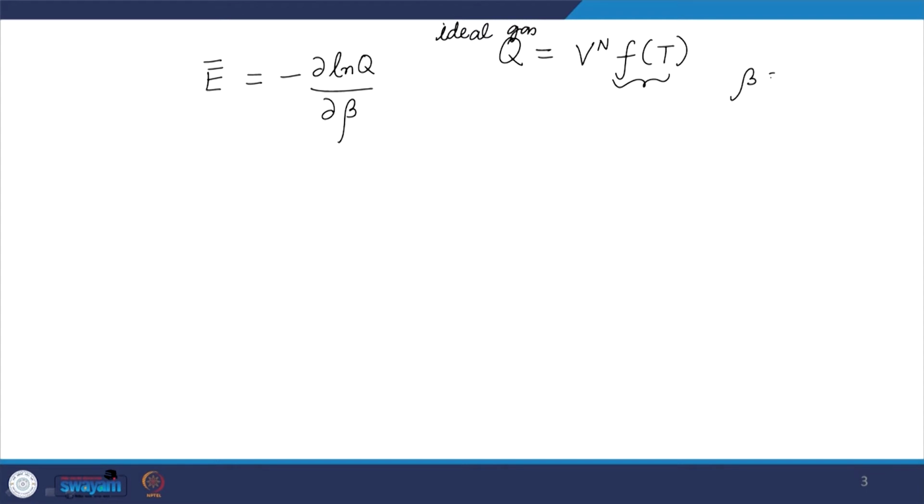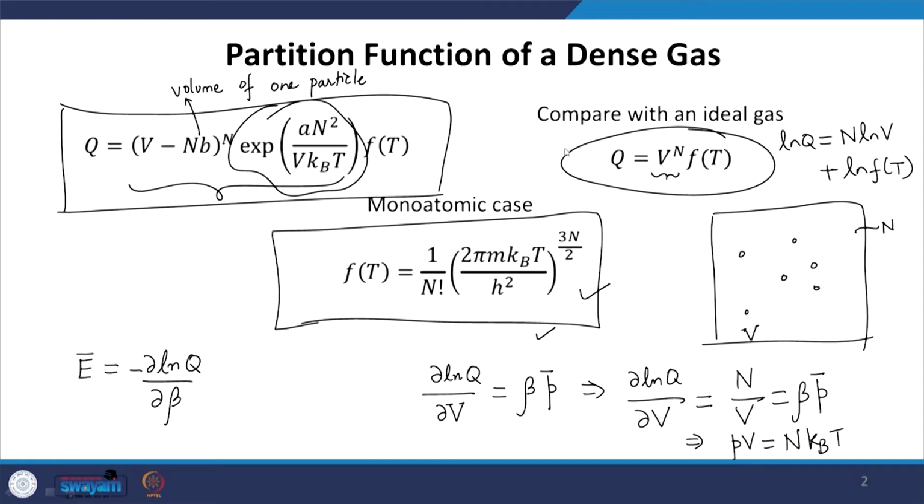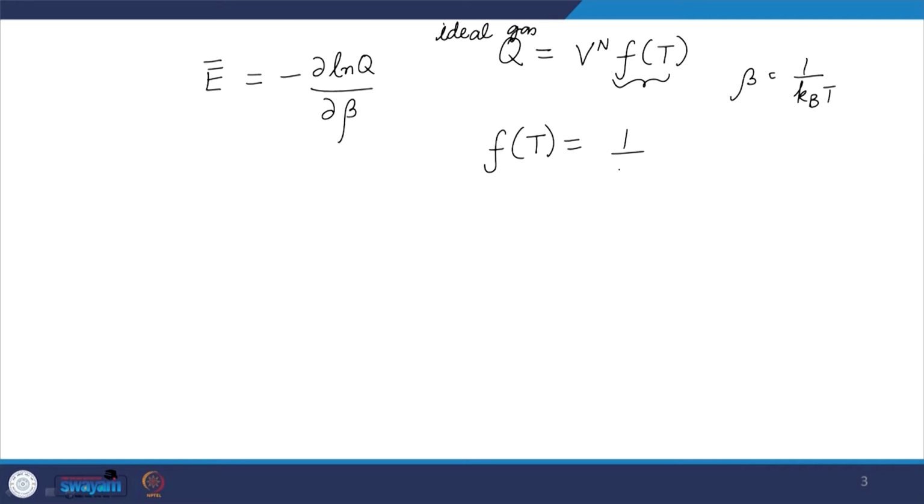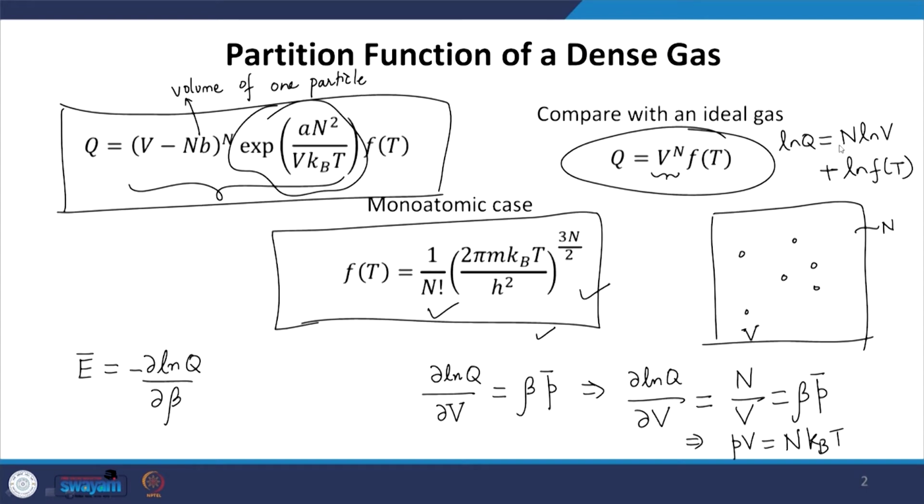Beta is equal to 1 by kBT. So, therefore, let me write the form of my f(T) from what I have started with. f(T) is 1 over n factorial times (2 pi m kBT by h square) to the power 3n by 2. That is true for a monoatomic gas.